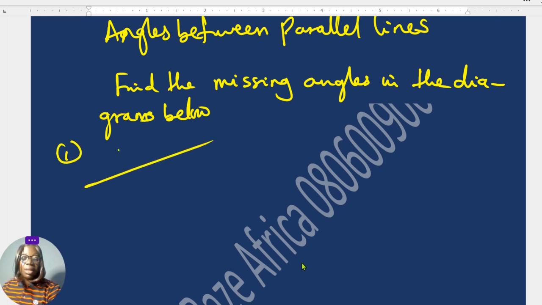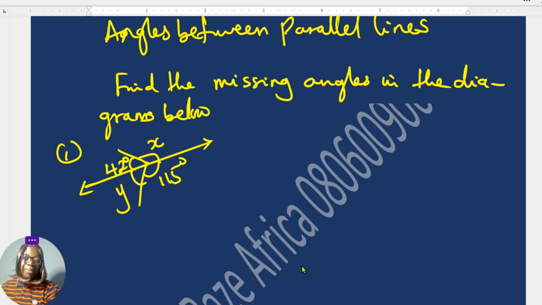You may have something like this. So we have to find the missing angles. Now if you look at it, you will see that this particular line is a straight line. So we have angles on one side and we have a set of angles on the other side.